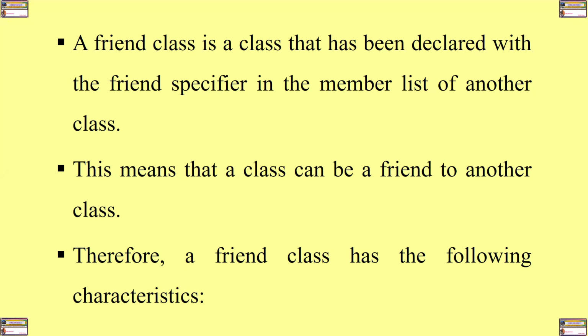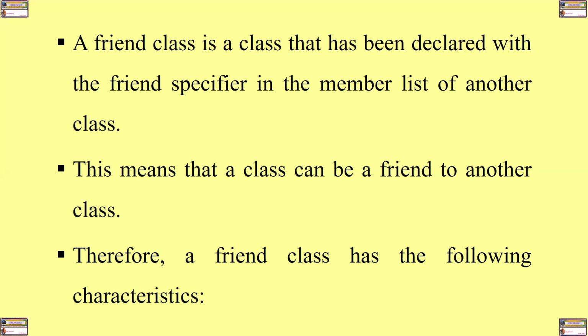That's why we are saying that such a class that has been given the right to access data members of another class, yet that class is not a member of the class in which it has been made a friend, then that's what we call a friend class.